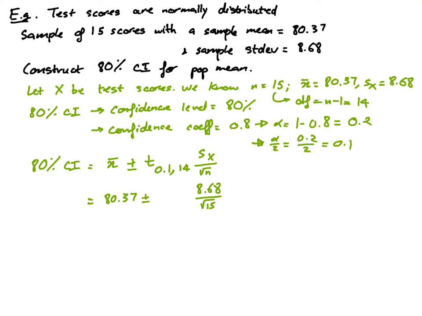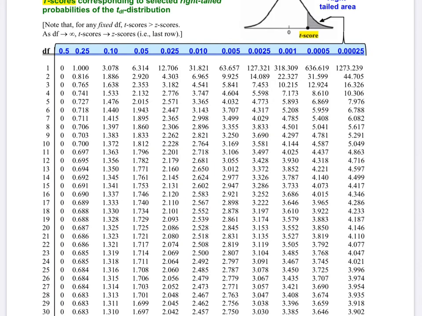Okay, let's go to our t table. Okay. So we look for t sub 0.1 with 14 degrees of freedom, right? So we look at the row labeled 14, okay?